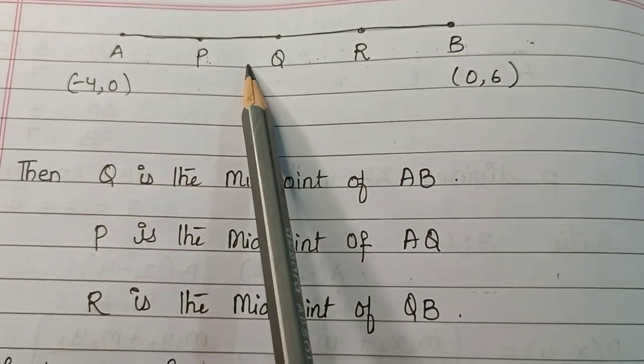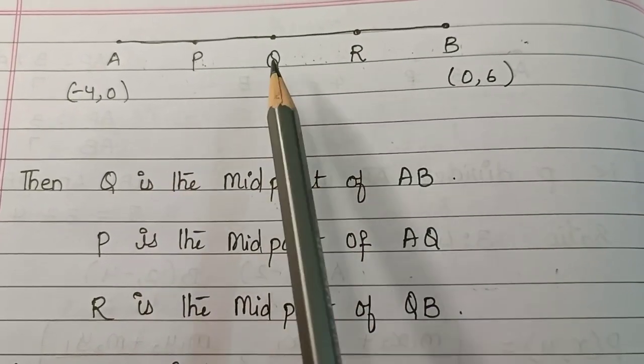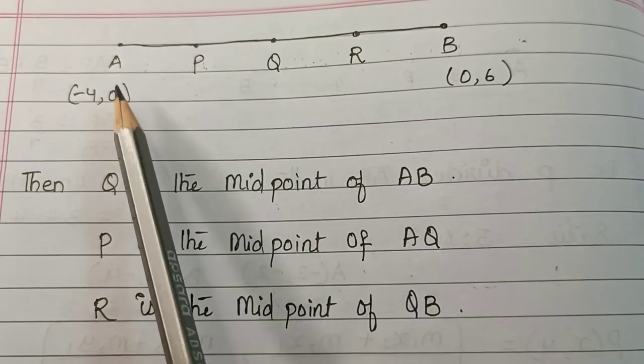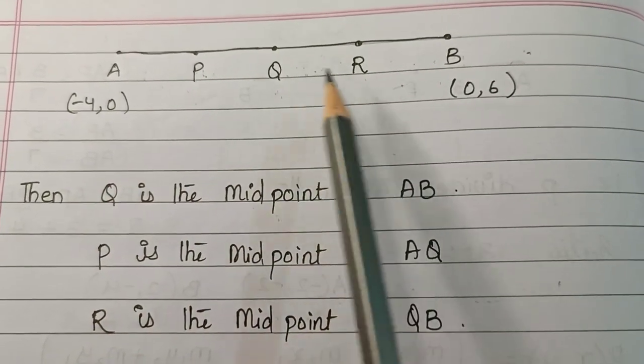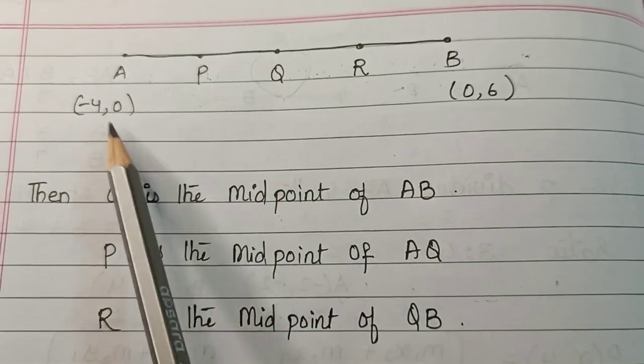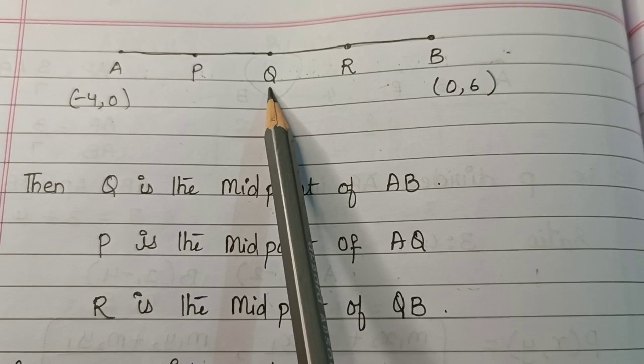See, this is a line segment AB and P, Q, R divide line AB in 4 equal parts: 1 part, 2 part, 3 part, 4 part. From here we can see that Q is the midpoint of AB as it is in the middle of AB. So by the midpoint formula we can find the Q value first.